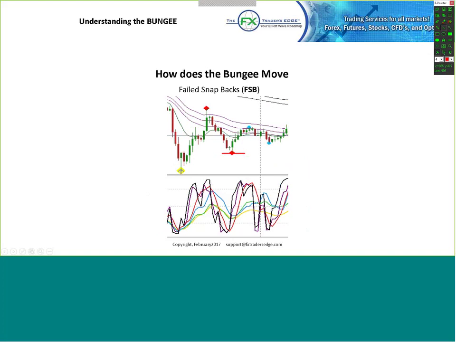The bungee still snapped back. Yeah. We got our stretch away up here, and we've got our snapback right to the opposite reversal zone. So when we talk about failed snapbacks, the failure bit refers to price, not to the bungee. The bungee still snaps back, but price fails to make a new extreme.